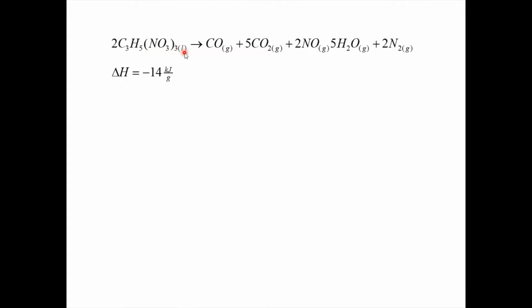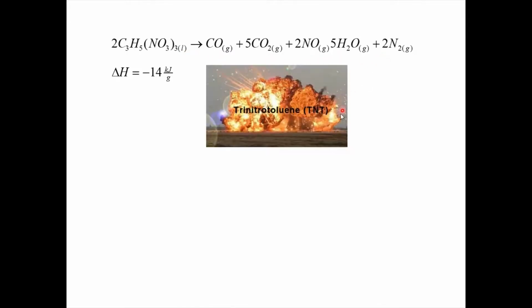And it's an explosive because if it's jostled, it'll decompose and turn into all these gases, and it'll give off heat. And here is what a typical trinitrotoluene, or TNT, explosion looks like. The delta H for this reaction is negative 14 kilojoules per gram.